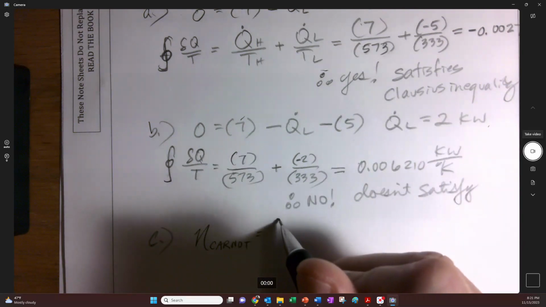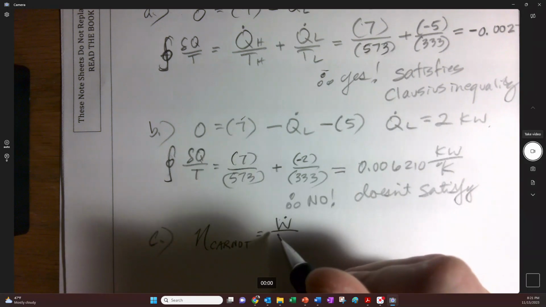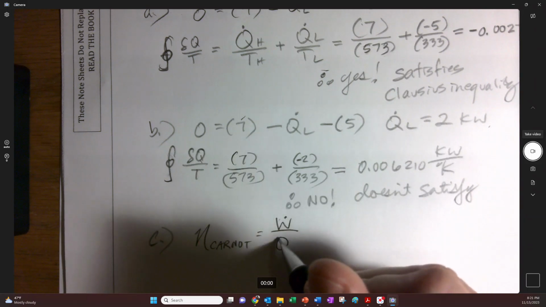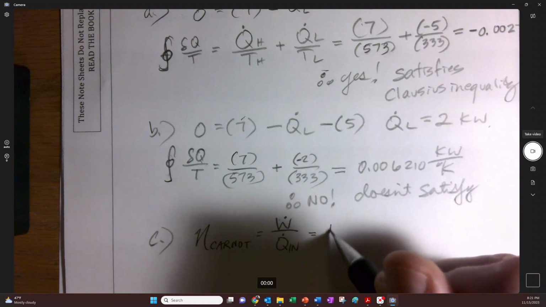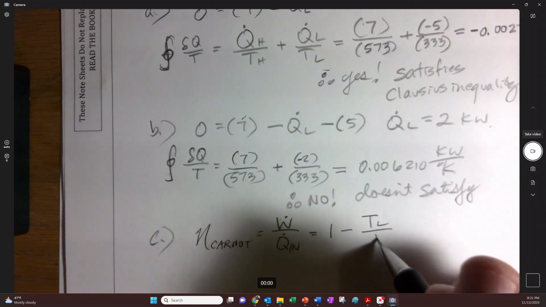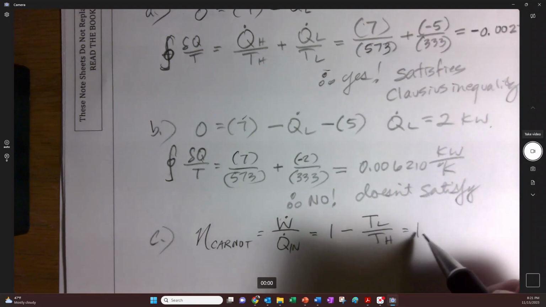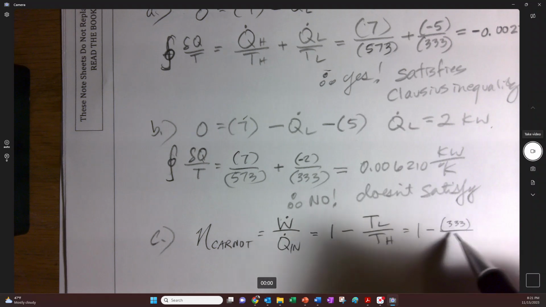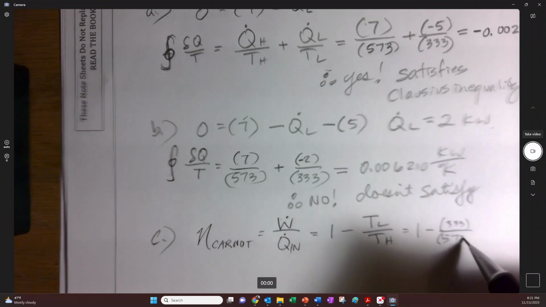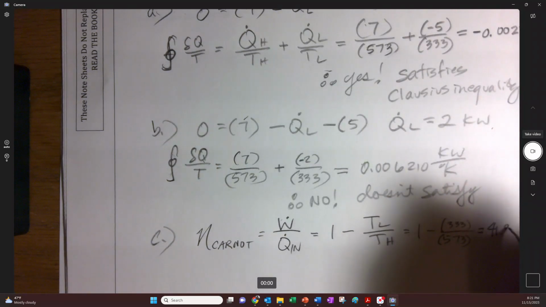That's going to be the work out divided by Q_H, but it's also going to be equal to 1 minus T_L over T_H. So we get 1 minus 333 divided by 573, and we get 41.89%.